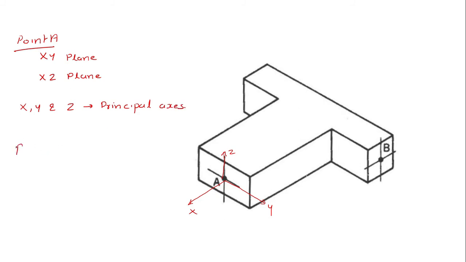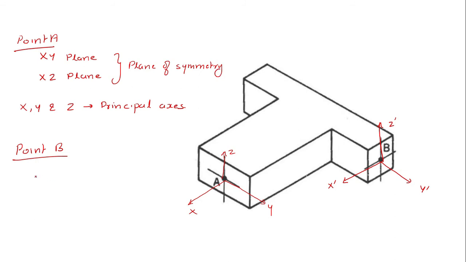Now coming to point B, let me draw the corresponding axes. You have here x dash, y dash and z dash. Let me write here plane of symmetry.